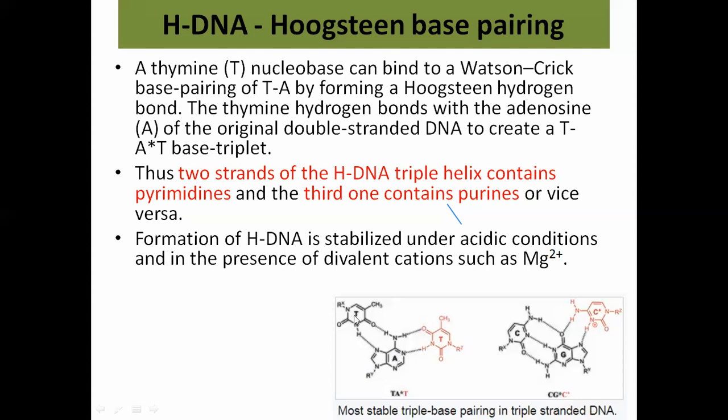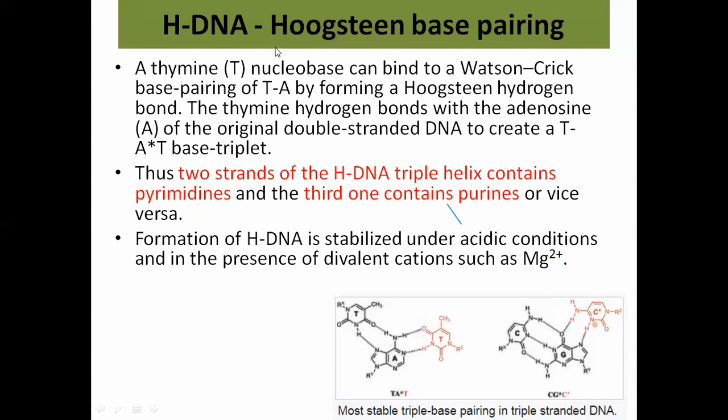Adenine is a purine and thymine is a pyrimidine, so 1 purine, 2 pyrimidines. The formation of HDNA is stabilized under acidic conditions and the presence of divalent cations such as Mg2+.